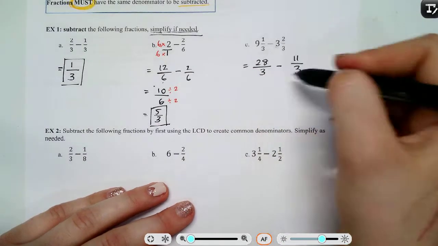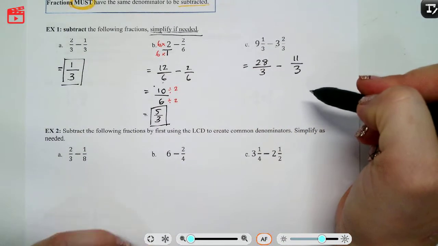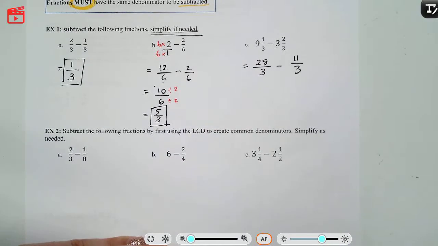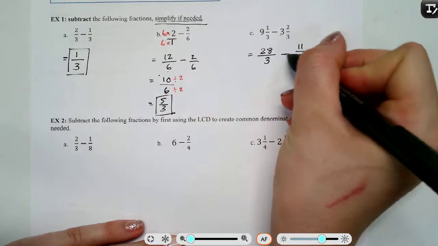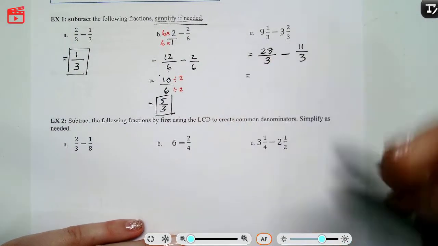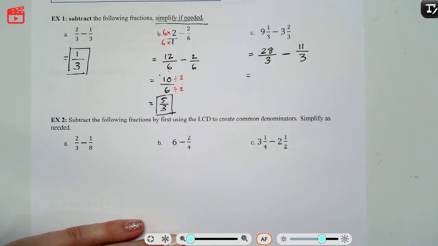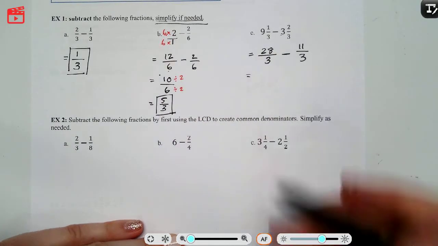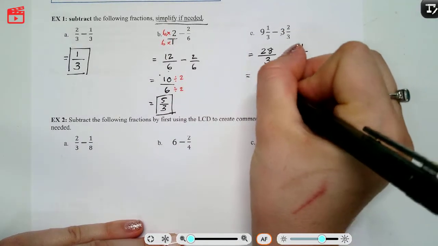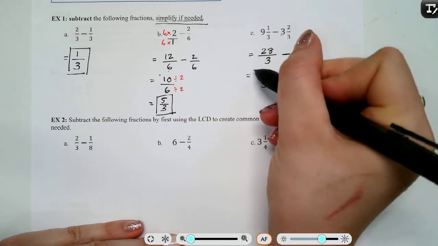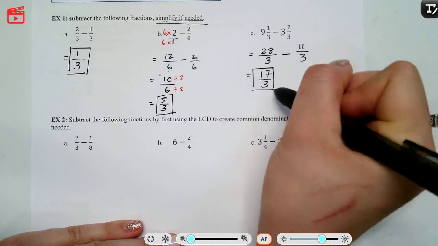Okay, so this was a different method than I did with addition. Okay, please note that, because it's subtraction, I chose a different method. All right, so then subtracting that, that's going to be 28 minus 11, which should be 17 over 3. And that is not simplifiable.